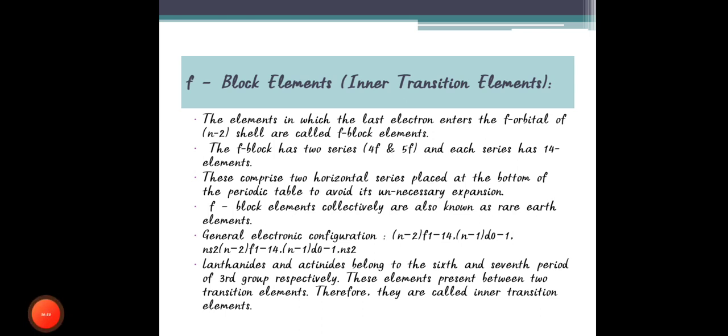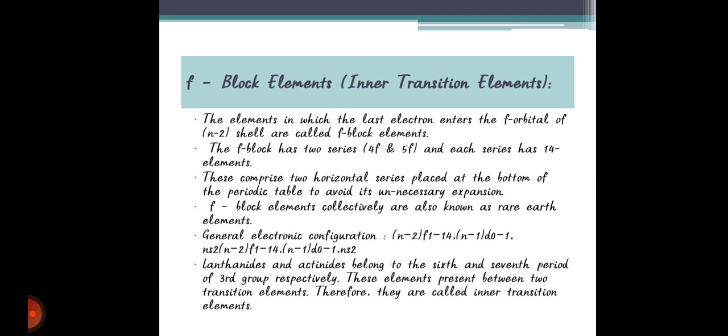Coming to f block elements, those elements in which the last electron enters the f orbital of the n-2 shell are called f block elements. The f block elements have two series and each series has 14 elements. These comprise two horizontal series placed at the bottom of the periodic table to avoid its unnecessary expansion. f block elements are also called rare earth metals.